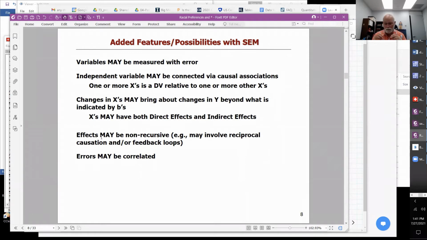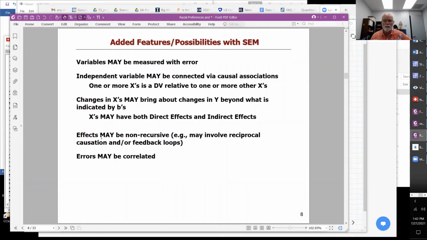If so, we may get by with a standard regression single equation specification. If we're interested in indirect effects, we're going to have to look at multiple equations. And if we're interested in total effects, then we're going to have to look at the full framework to be able to put together direct and indirect effects to get total effects.